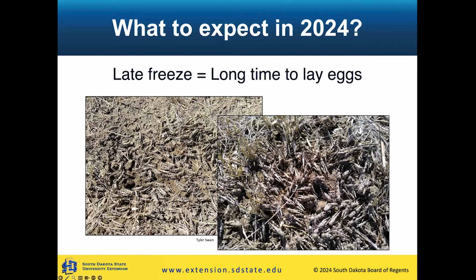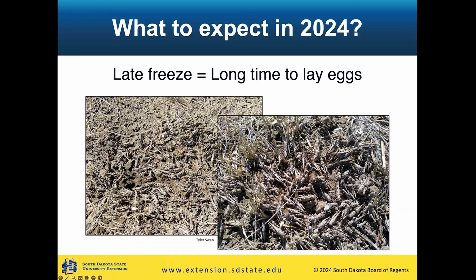Again, like I said, a late freeze means a long time for those grasshoppers to lay eggs. We did not have any issues like this last year. This was in 2021, where we had drought conditions followed by that late freeze. I think this was up in Butte County.